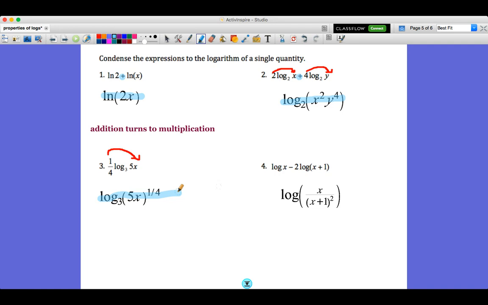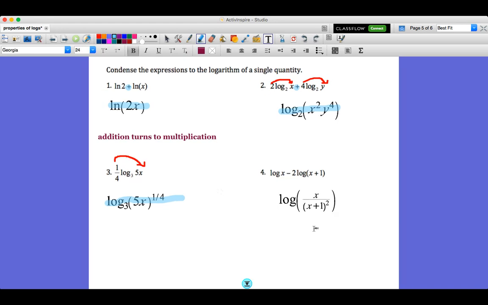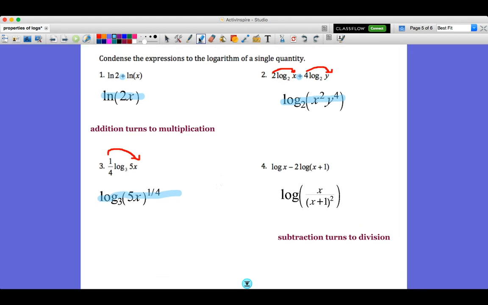So the last one starts out with subtraction. So subtraction is going to turn into division. So in that last one, we have log x minus 2 log x plus 1. So we're going to turn that into division. So just one single log.